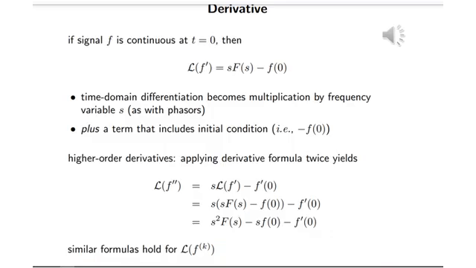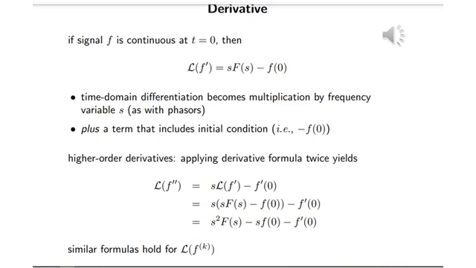So the first derivative changes into multiplication by s. The double derivative changes into s square f of s. Similarly, the third order changes into s cube f of s, and so on.